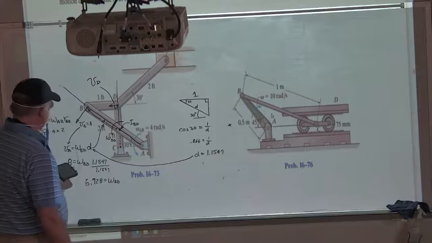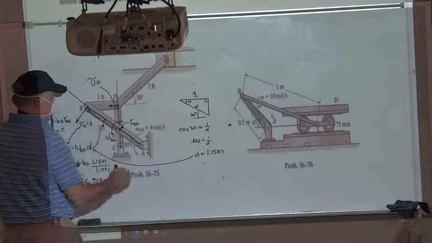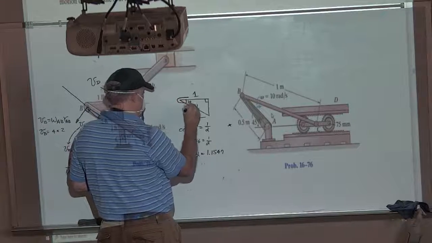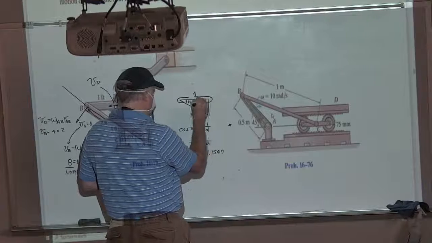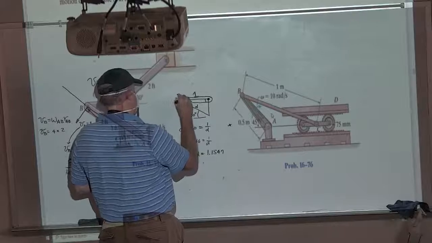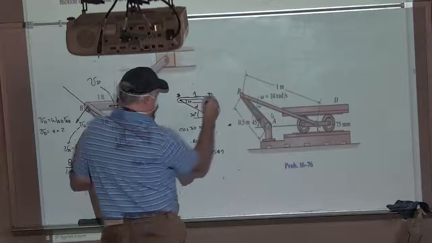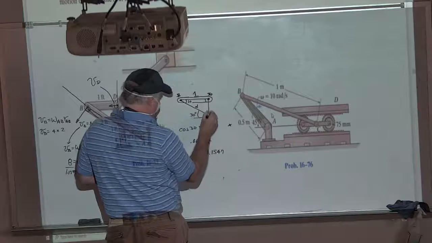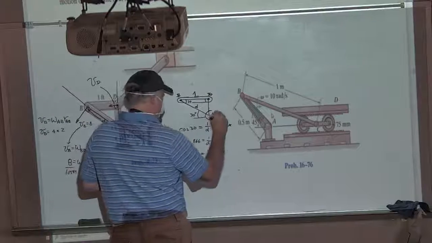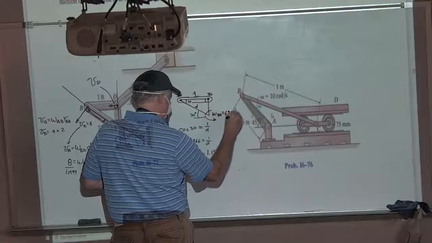Luckily, D and B are only dB. So again, if I were to draw this link, this would be B, this would be D, and now it's rotating with omega BD equal to 6.928.